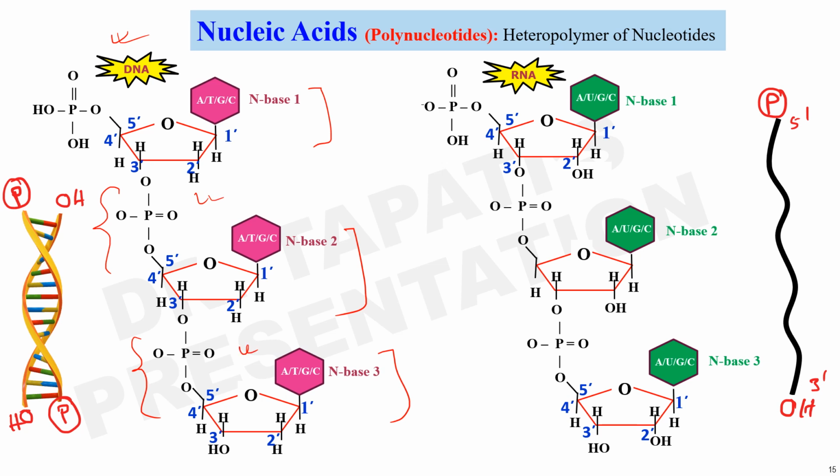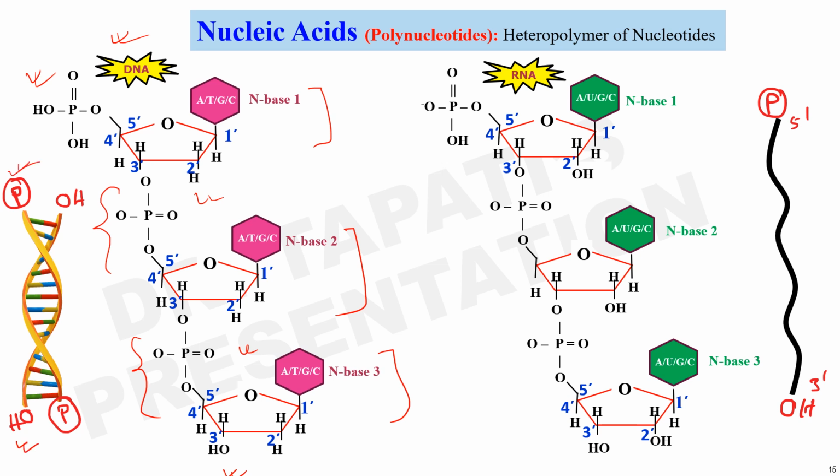The 5' end phosphate group is free, and similarly at the 3' end the OH group is free. So in a single-stranded DNA, at the 5' position a phosphate group is present, and at the 3' position an OH group is present.